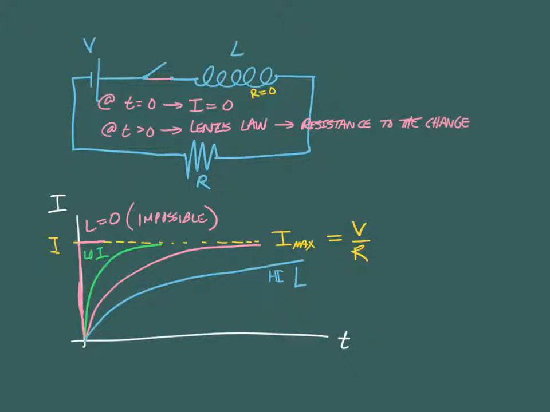But underneath the hood of this is the change in position of, guess what? Free electrons. They can't change their position instantaneously. Therefore, none of these effects are instantaneous. They always require time. And so even if I didn't know anything about inductance, I just knew it was a thing with these behaviors, I would immediately reject that it was possible to have zero inductance. Inductance is always present in a circuit.